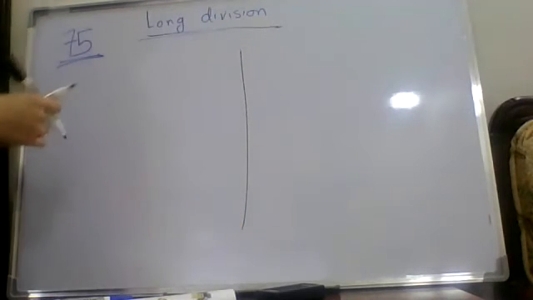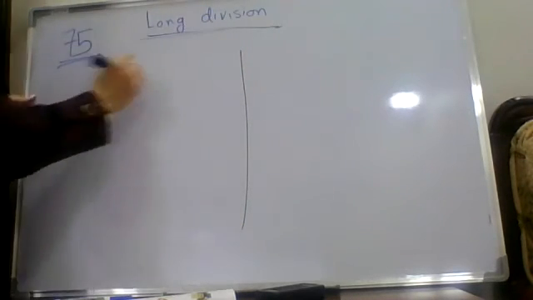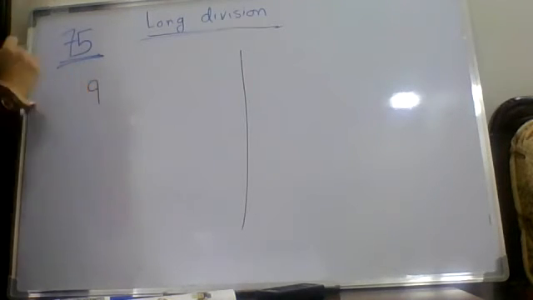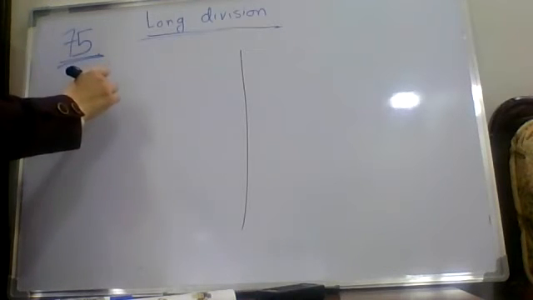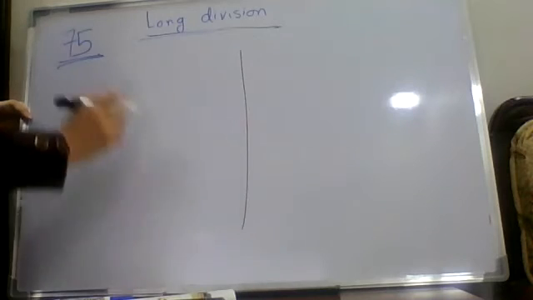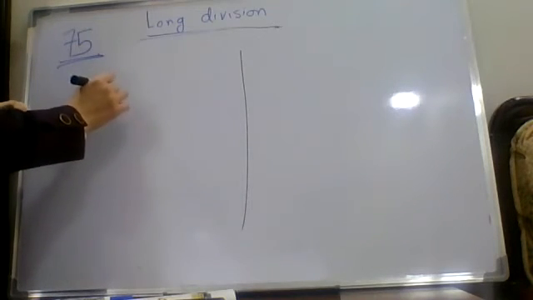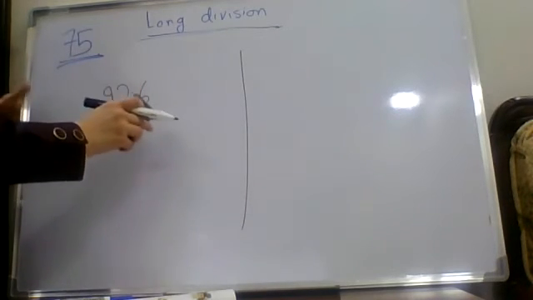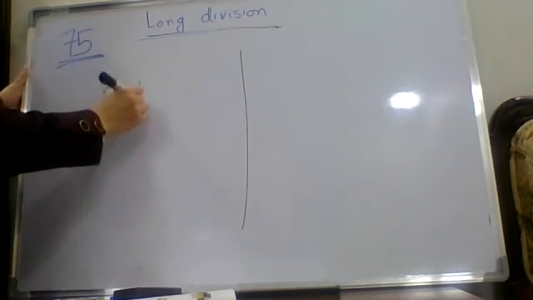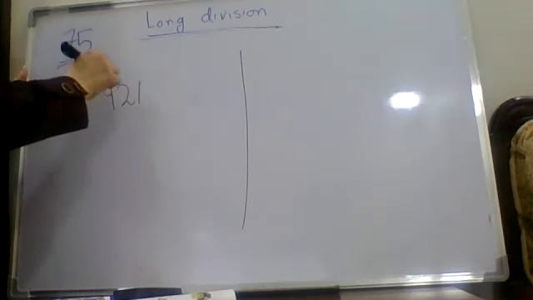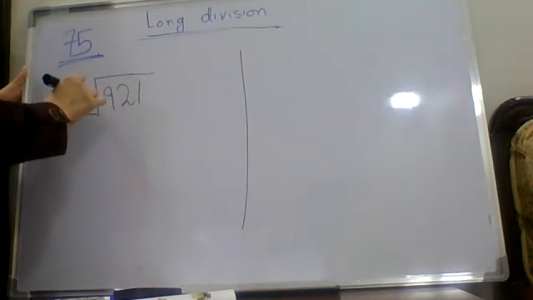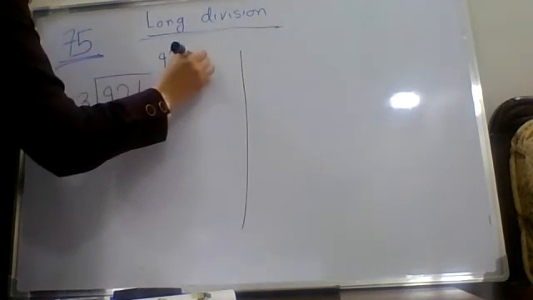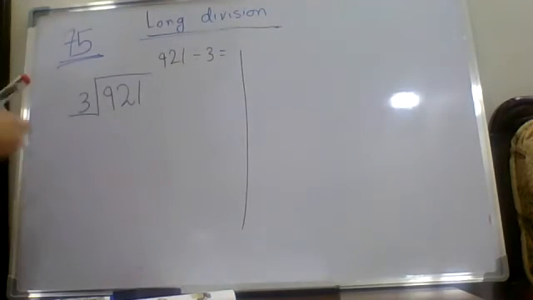Okay, I will write 921 divided by 3, which is 921 divided by 3 equal, okay? We will do this together here.